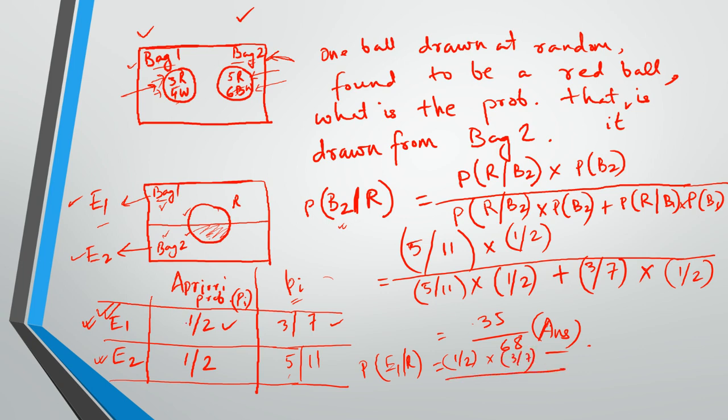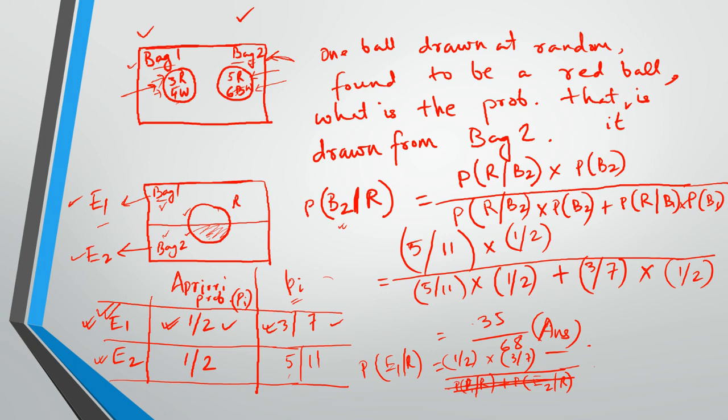That means we are first saying event E1 took place, and then we are saying what is the probability that it's a red ball given E1, divided by the entire sample space, the probability of P(E1 | R) plus P(E2 | R). I'm sorry, not this one. Exactly. So this is half times 3 by 7, right?